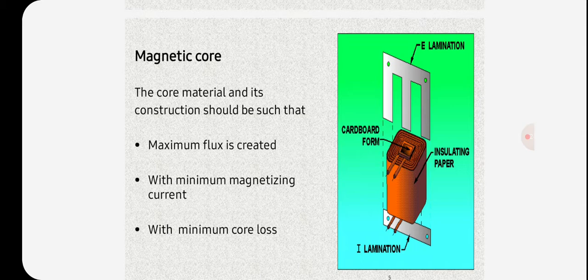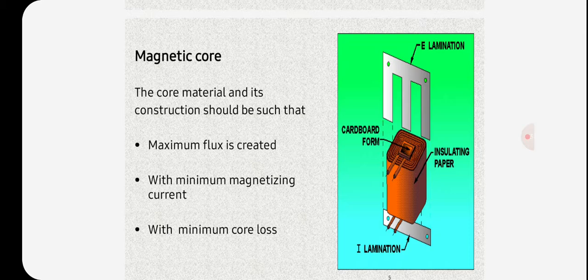The purpose of lamination of the core is to reduce eddy current loss. These laminations are made with silicon steel to reduce hysteresis loss, because silicon steel has a low hysteresis coefficient.